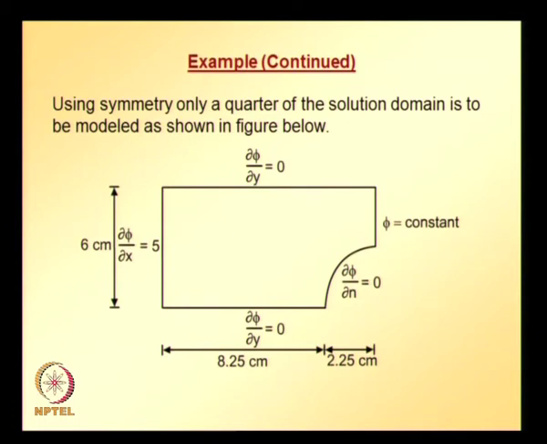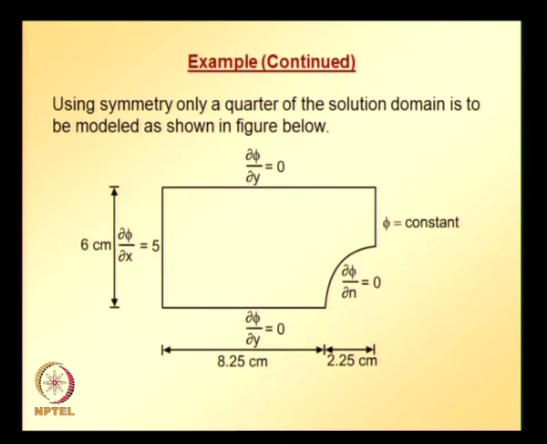So now with this information we can solve the second order differential equation for the potential for this particular problem over this domain, subjected to these boundary conditions, by comparing this with the problem statement of the general 2 dimensional boundary value problem.